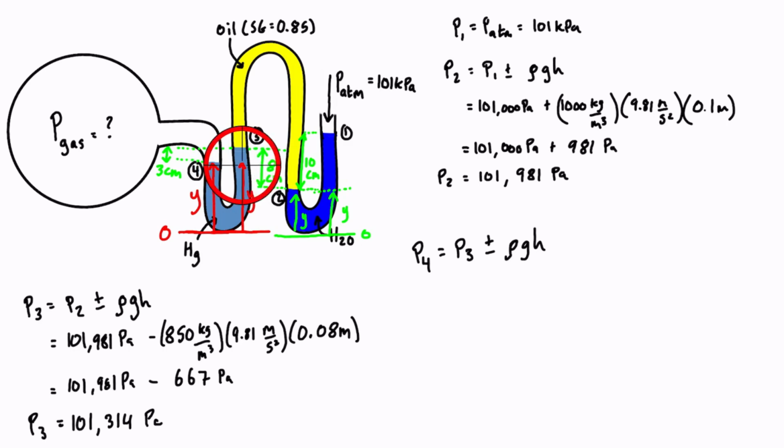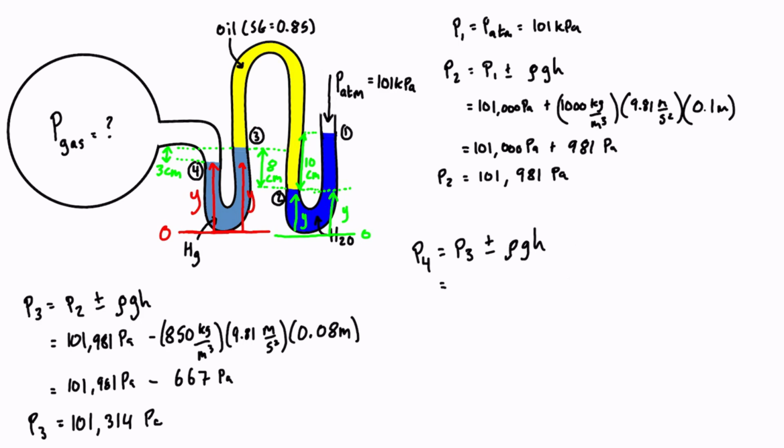As we go up, the pressure decreases. Or looking at P3, as you go deeper into this column, the pressure increases. So P4 has a higher pressure than P3 because it's deeper into this column of fluid, which means that if P4 is greater than P3, we have to add something to it.